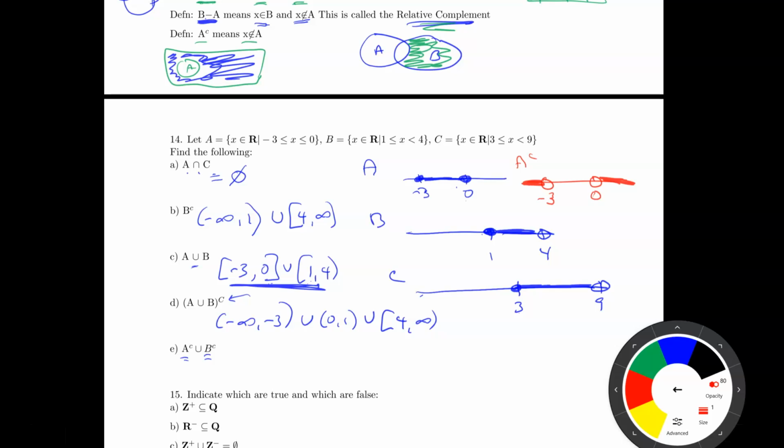So B complement would be anything up to 1, don't include 1, so up to here, and then include 4 and go out further, right? Okay, so put these two together. So I got up to -3, -3 is back here, go up to 1, oh wait a minute, 1 is over here, and then it continues going. Oh, I think it's all reals.